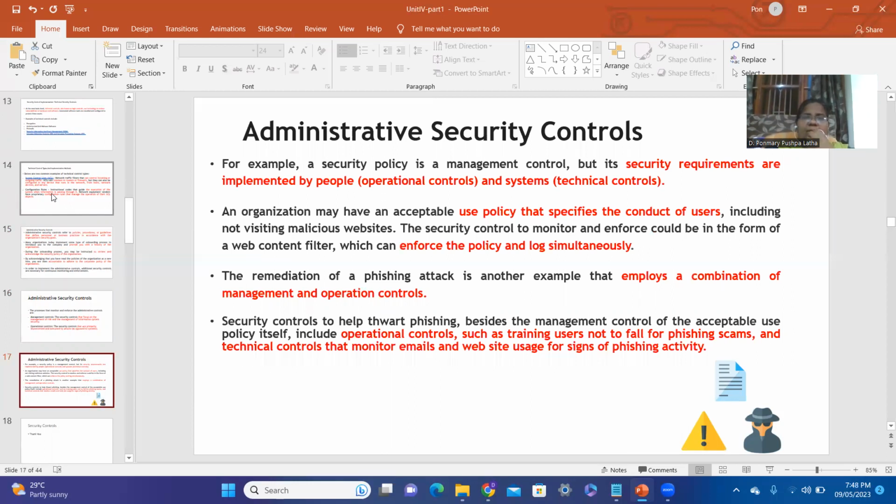The policies will be there for the users who are using the system, and you enforce the policies and log when they are entering or leaving. Logs are to be maintained. We also have to monitor the emails and the websites.